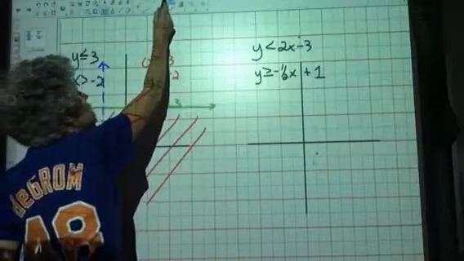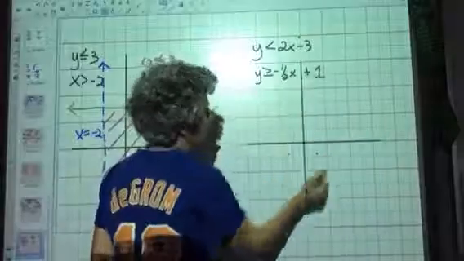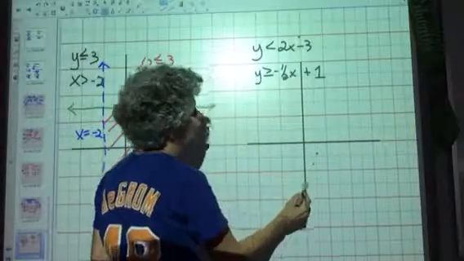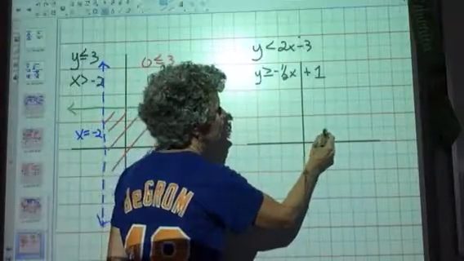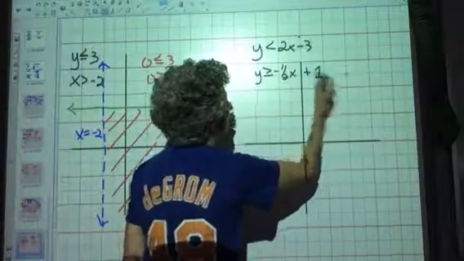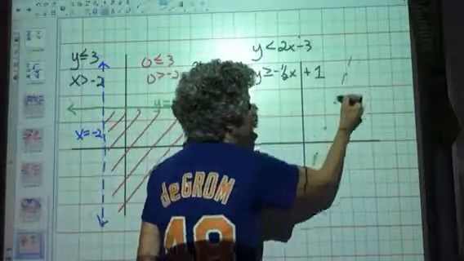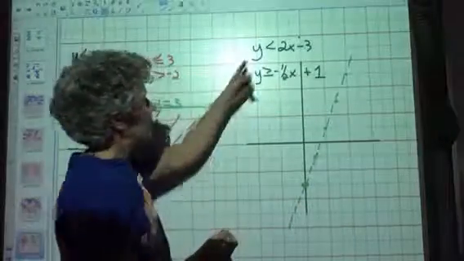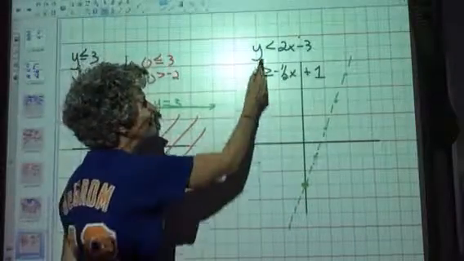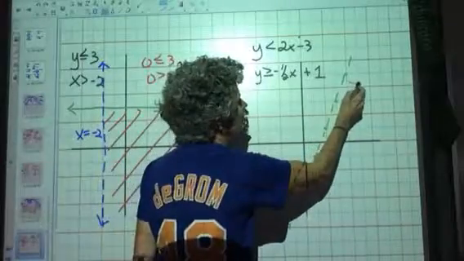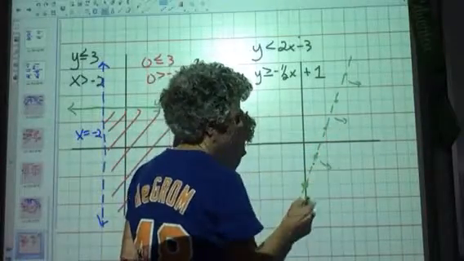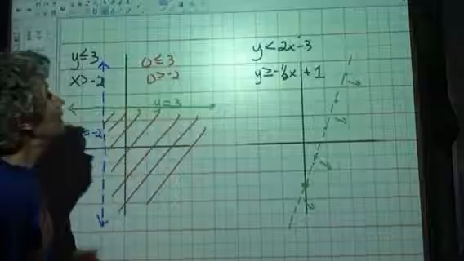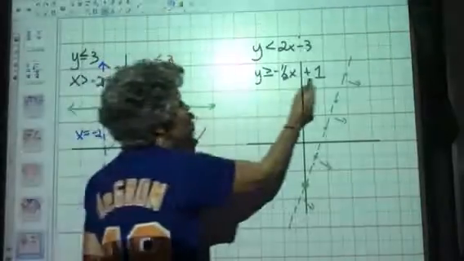So I'll do the first one in green. 2x minus 3. Negative 3 for my y-intercept, 2 for my slope. A broken line. I do have y alone, so I could use that shortcut. It's less than, so I'm just going to sketch it a little bit and see what happens with the other one. And then the other one is negative half x plus 1.